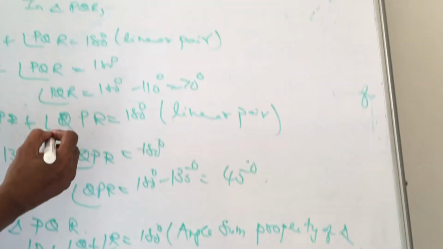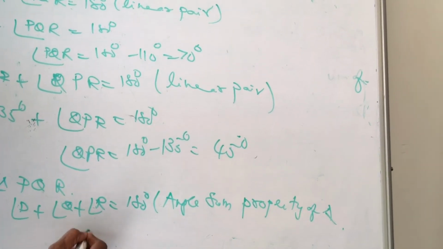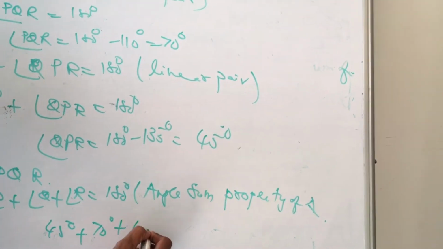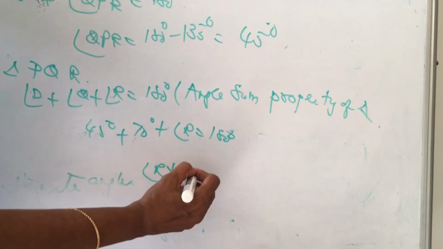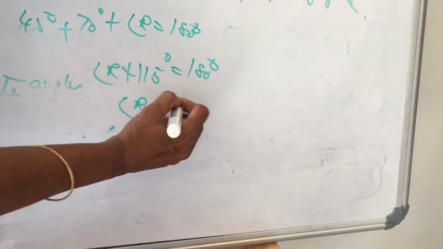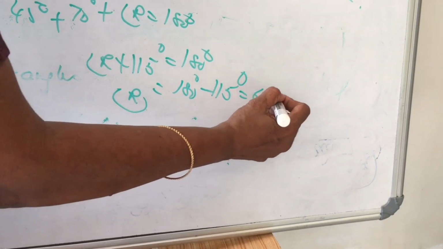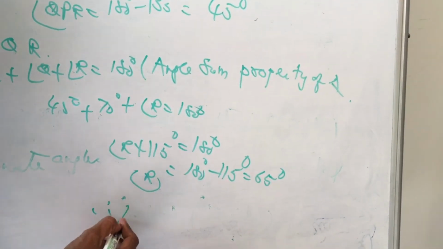Angle P is how much, children? 45 degrees. Q is how much? 70 degrees. Plus angle R is equal to 180. Angle R plus 115 degrees is equal to 180. Therefore, angle R is equal to 180 minus 115. Angle R is nothing but angle PRQ.